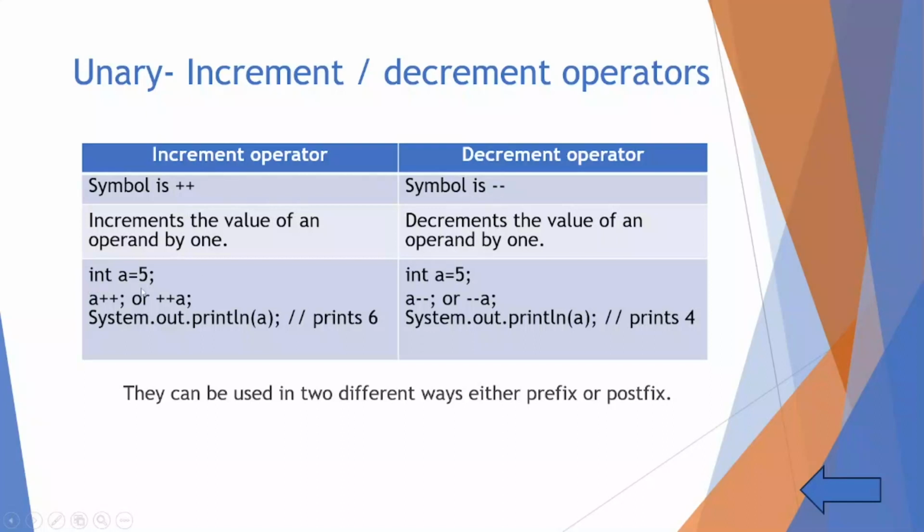Example: int a = 5. a++ or ++a, any way we can write. Only one operand, that is a, with plus plus. And whenever I say System.out.println(a), it permanently increments the value of a by 1 and prints 6.